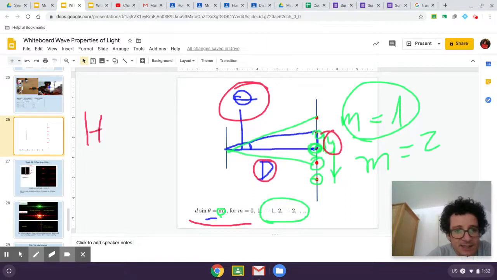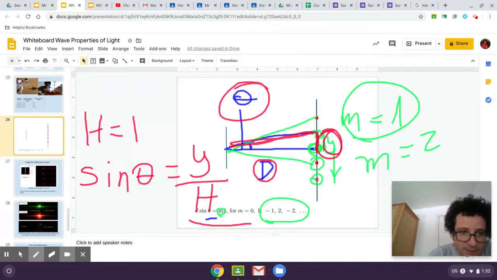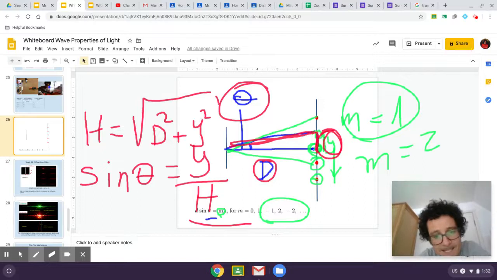You can find the value of the hypotenuse, and then you know that sine of the angle is equal to the opposite side, in this case y, divided by the hypotenuse. The hypotenuse is equal to the square root of one side squared plus the other one squared. And that's it.